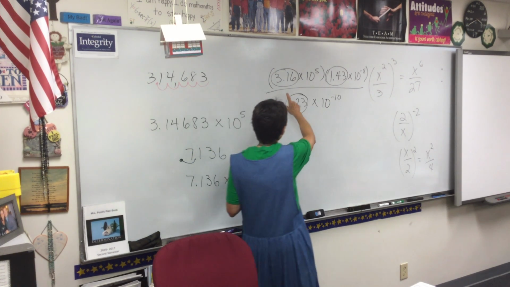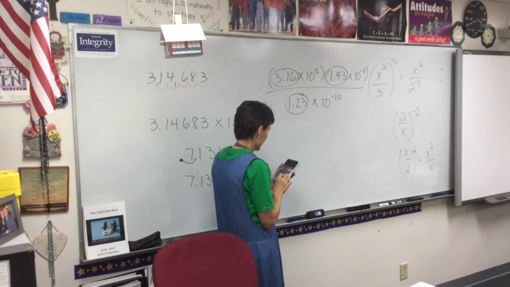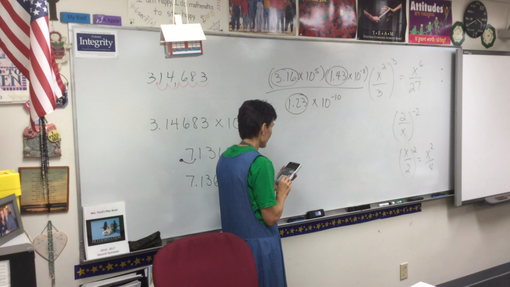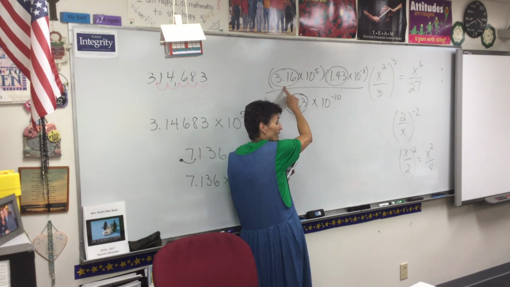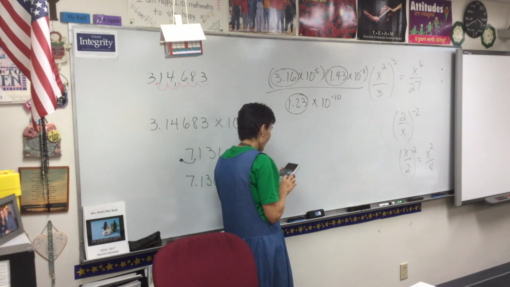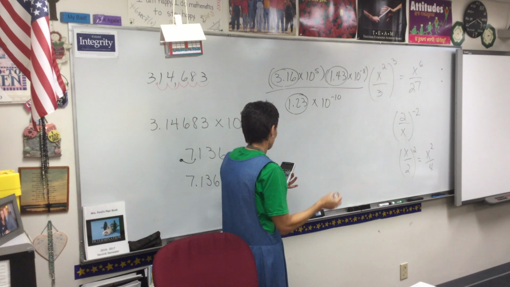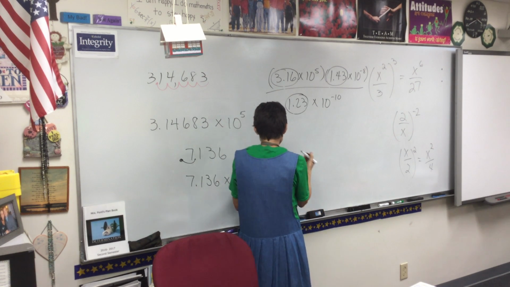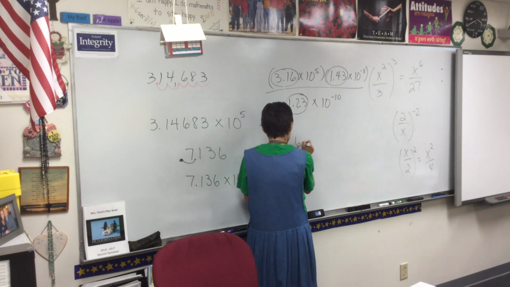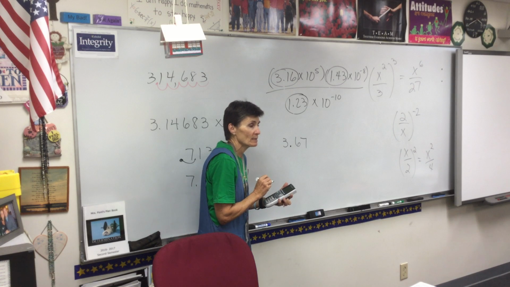Let's multiply 3.16 times 1.43. So we're multiplying these two. And then let's divide by 1.23. Did you get 3.67? Okay, so let's just start there, 3.67.